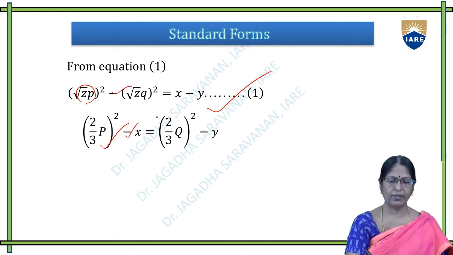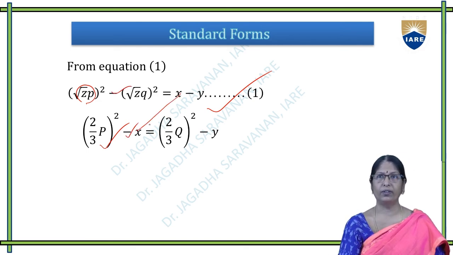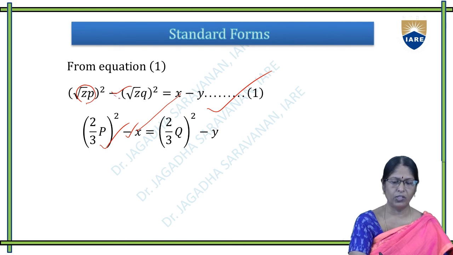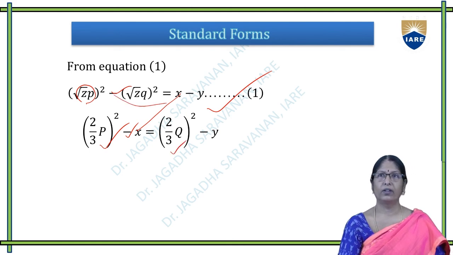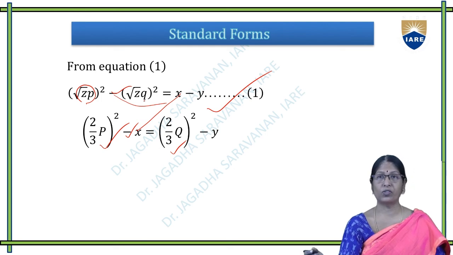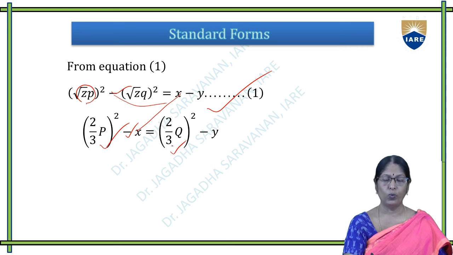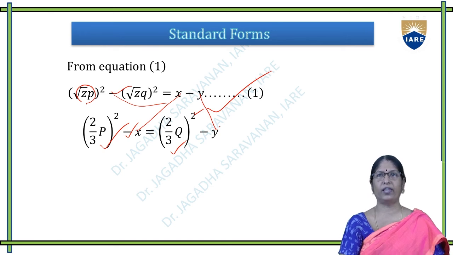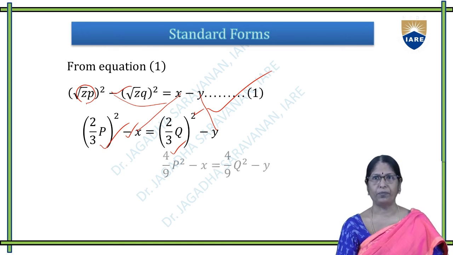This minus is as it is. The x we brought here, and this we push to the right side, that is root z cube. What we just obtained, 2 by 3 capital Q, is replaced here, and squared. This minus y retains the right position.